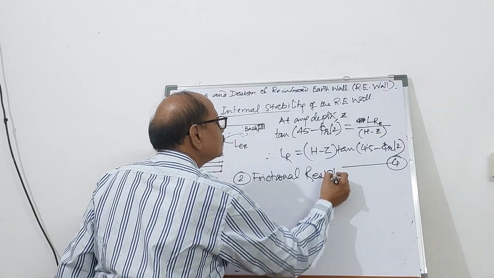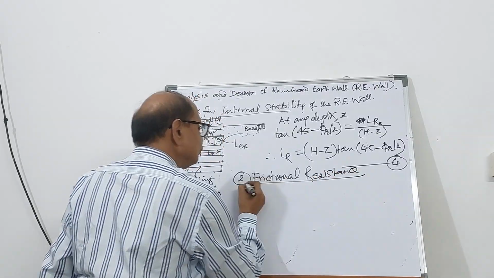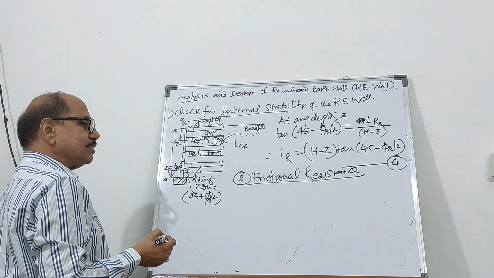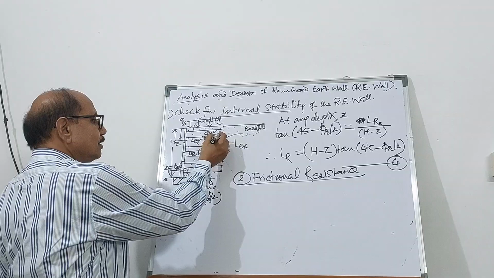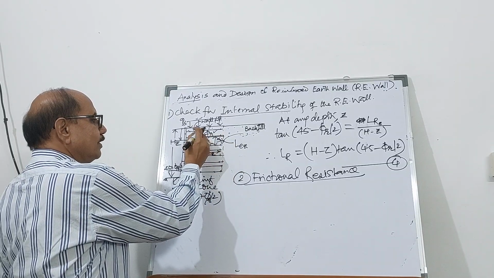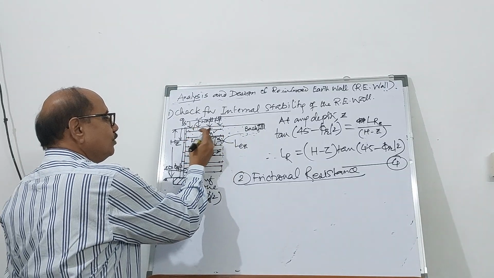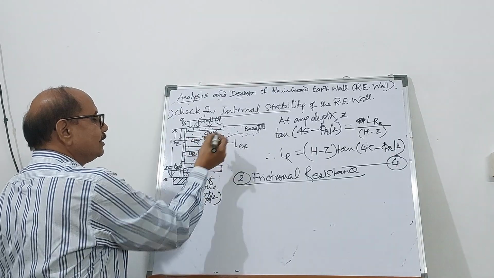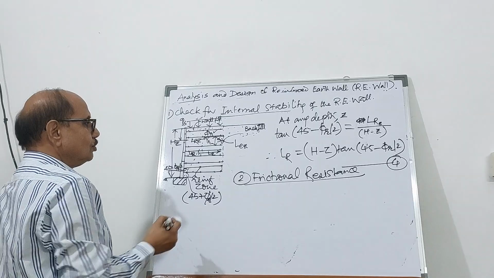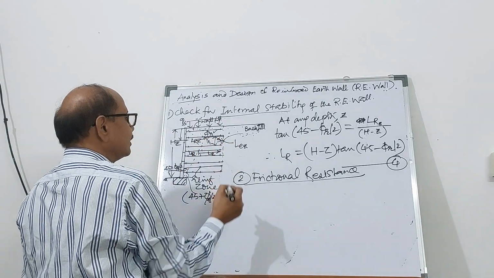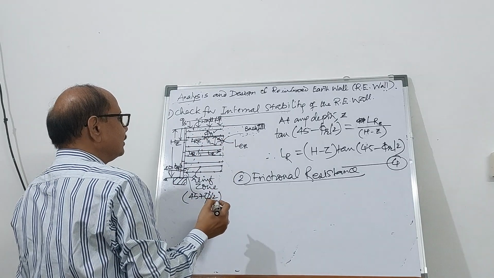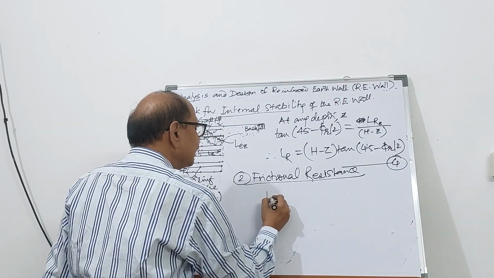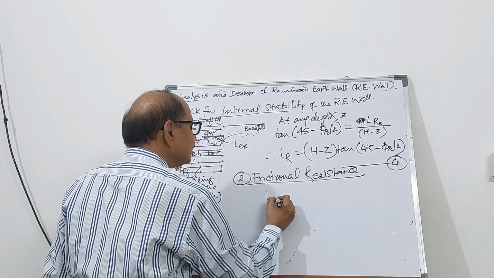As I told you, the very assumption in the analysis and design is that the friction is to be calculated for the reinforcing length outside the slip surface. So outside the slip surface at any depth Z, I know what the length is. It is going to be LE at Z.